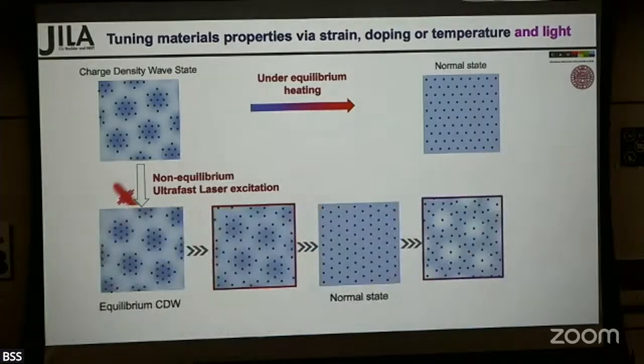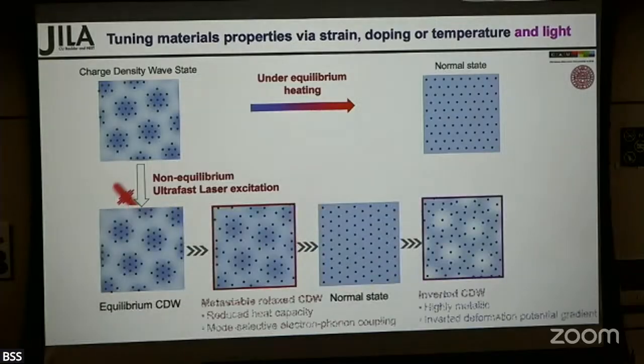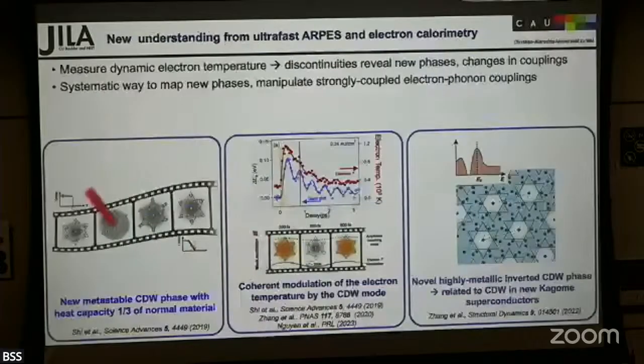And so I'll tell you about this, where we can look at mode selective electron coupling. I won't talk about the other things just because of time, and I don't want to run too fast.